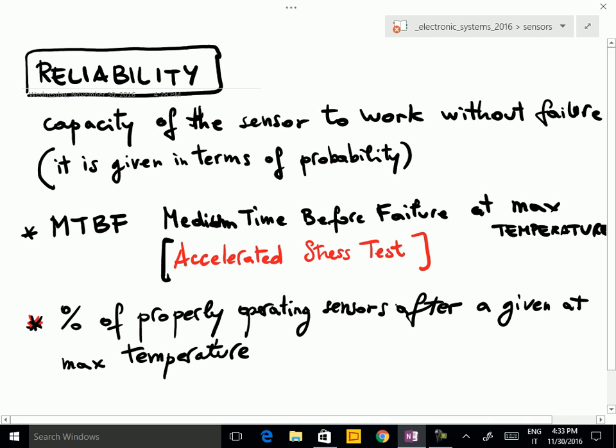So, for example, 90% of properly operating sensors after 1 year of operation at maximum temperature.